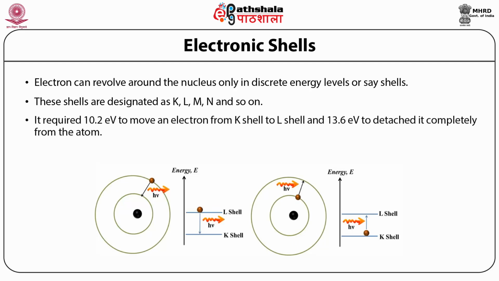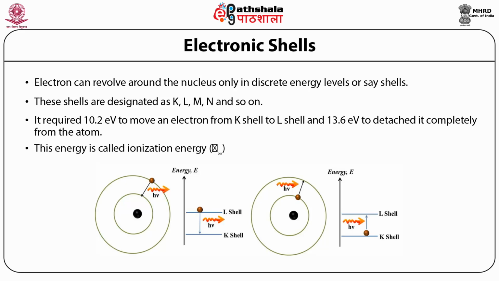So in order to move from the K shell to the L shell, the electron requires 10.2 electron volt of energy, and in order to detach it completely from the atom, it requires 13.6 electron volt of energy.